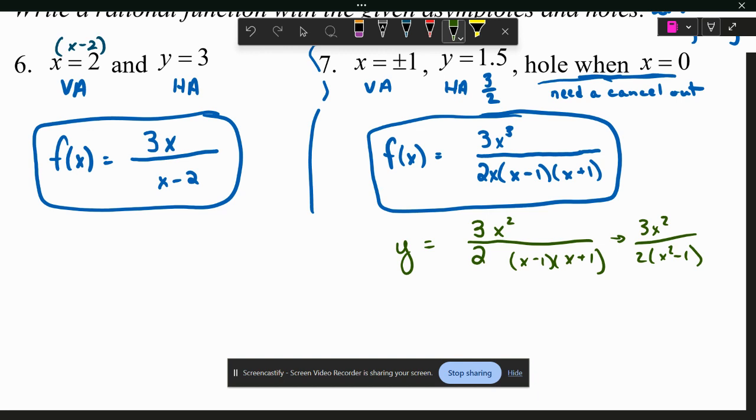Last, because I need to cancel out when x is equal to 0, I would have to include another x on top and bottom. So now this becomes 3x cubed over 2x times x minus 1 times x plus 1.